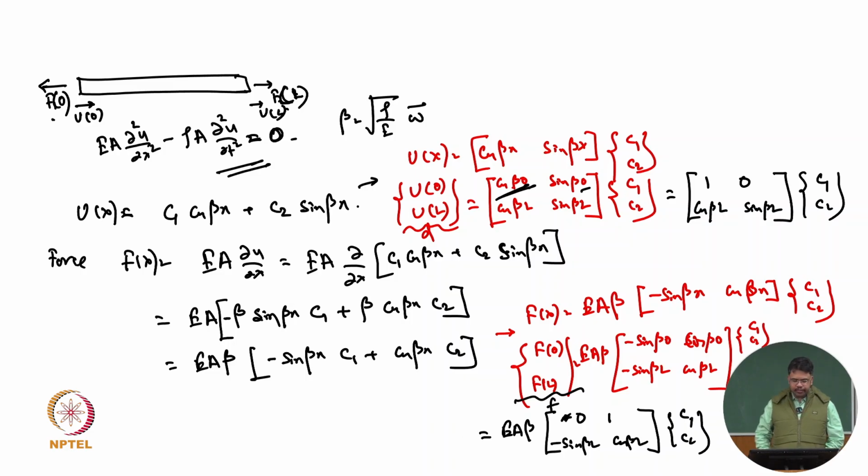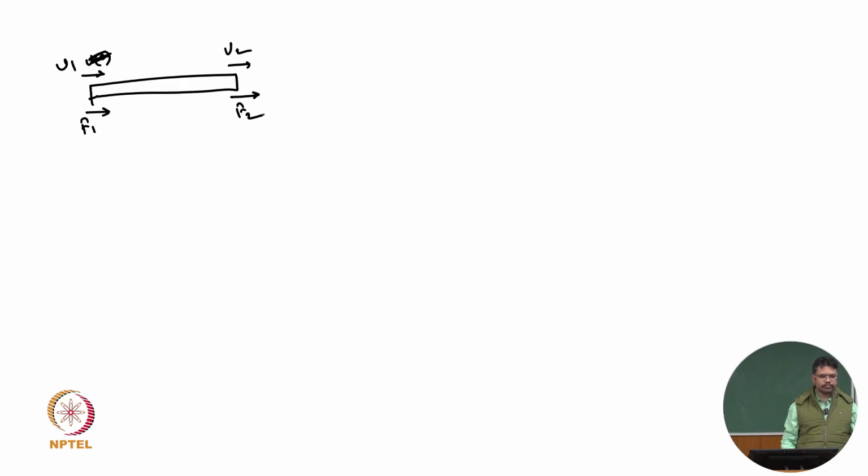But here we can try to do two things. One thing is, if we try to write the stiffness matrix, then we need the force and displacement both in the same direction, like u1, u2, f1, f2.